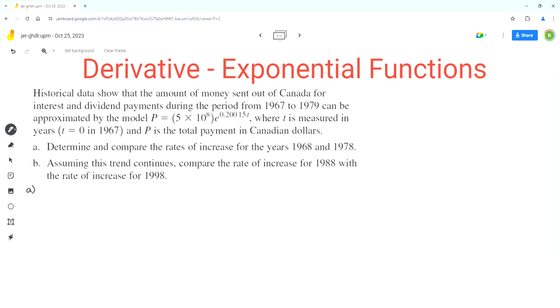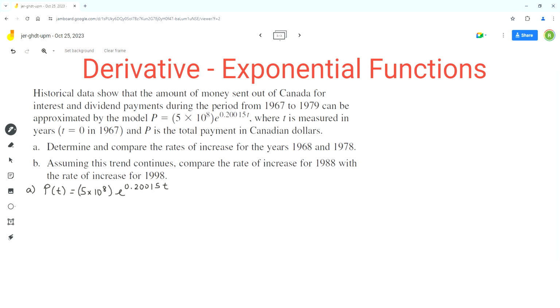In this P function, the input variable is t, which is years measured from 1967. So we can rewrite this given function P as P of t equals, so this is the given function.